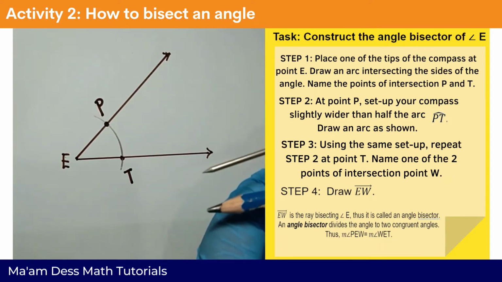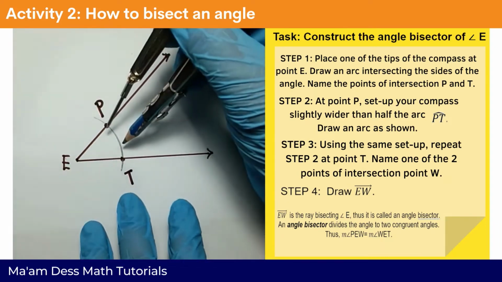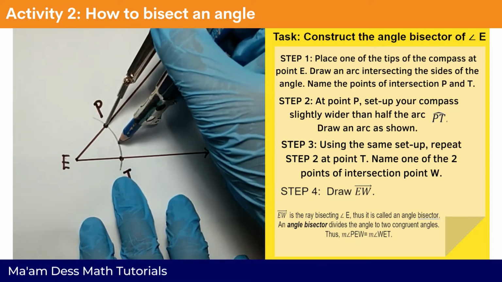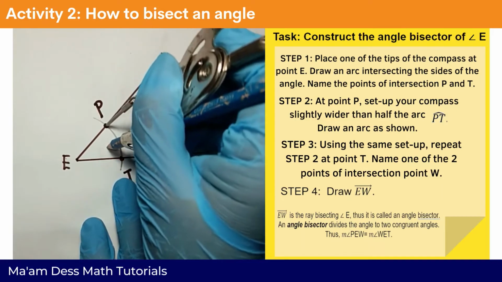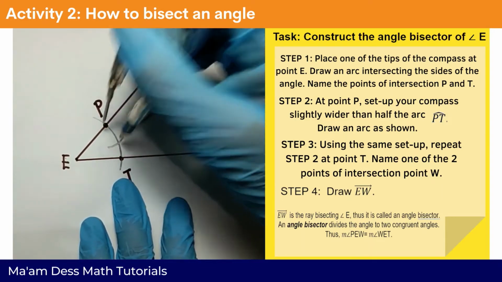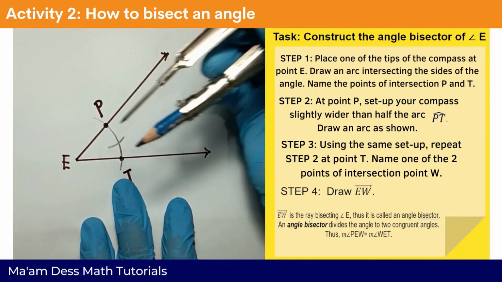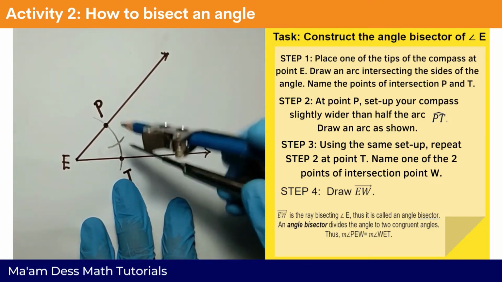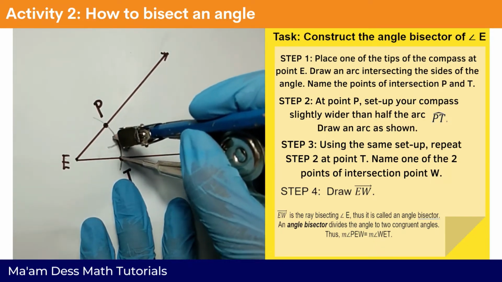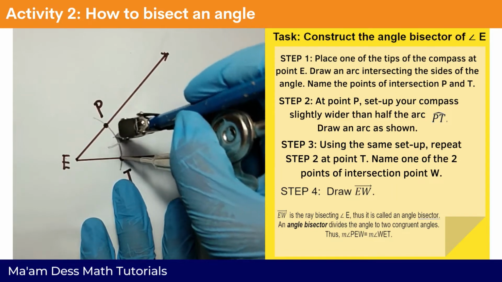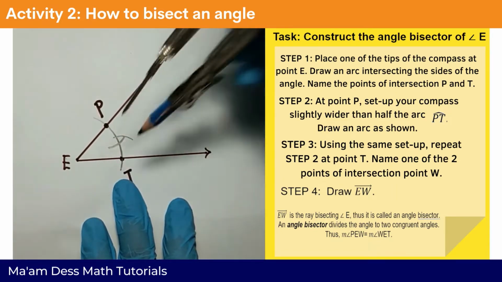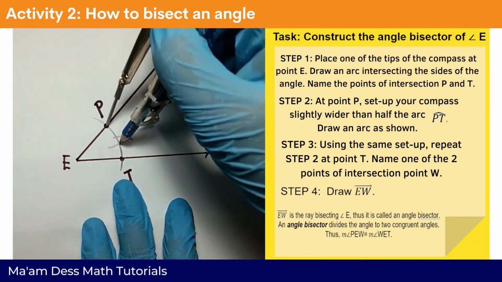So, it should be like this. It is a bit past half of the arc. Okay. So, then make an arc. Okay. And then, with the same setup, from point T, draw again an arc. Okay. So, let us extend the arc a bit from point P.